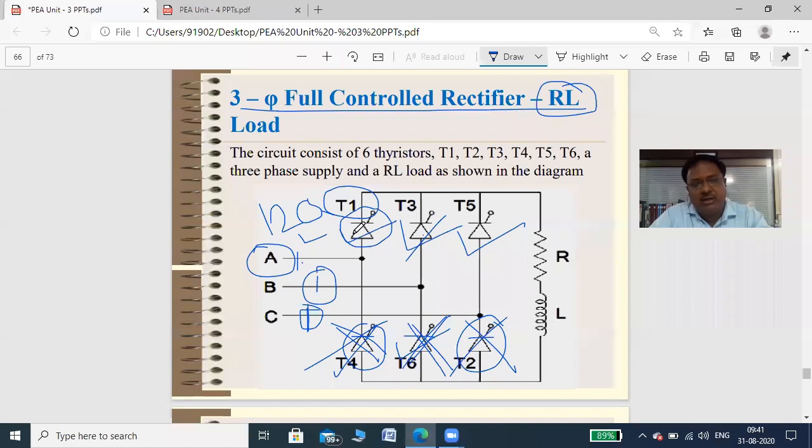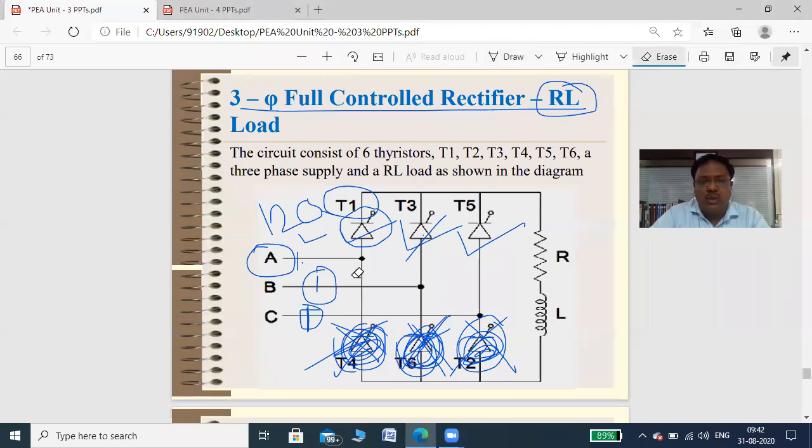If T1 is conducting, it means that A is positive. If A is positive, T4 is always in reverse bias condition, so T4 will never conduct. Similarly, if B is more positive, T6 will never conduct. Whenever C is more positive, T2 will never conduct, because if that terminal is positive, only one SCR in one arm is conducting at a time.